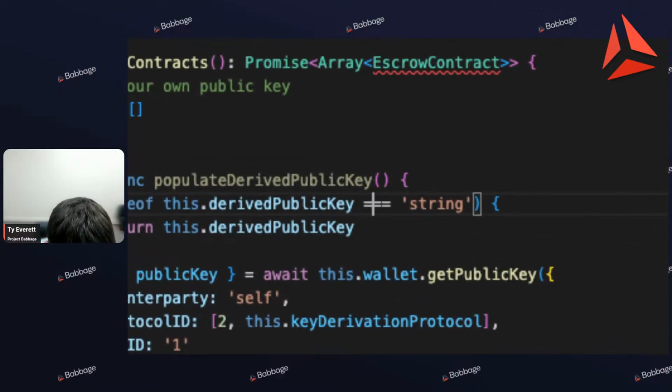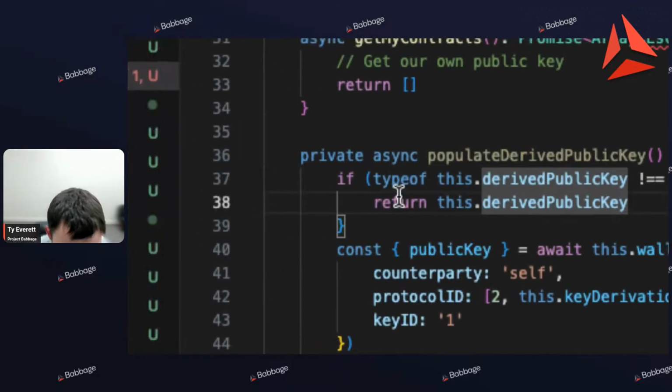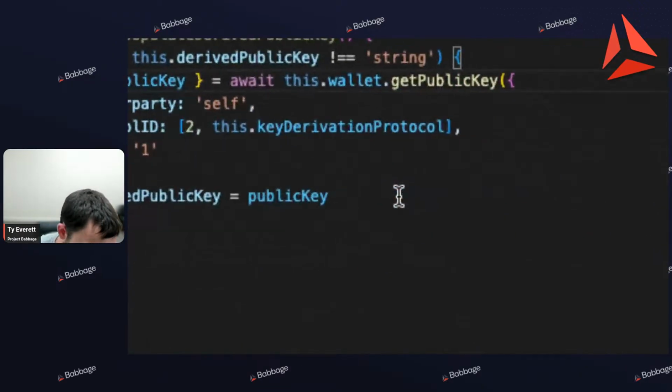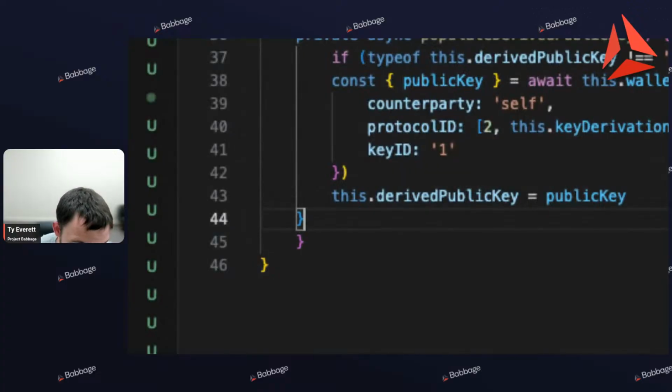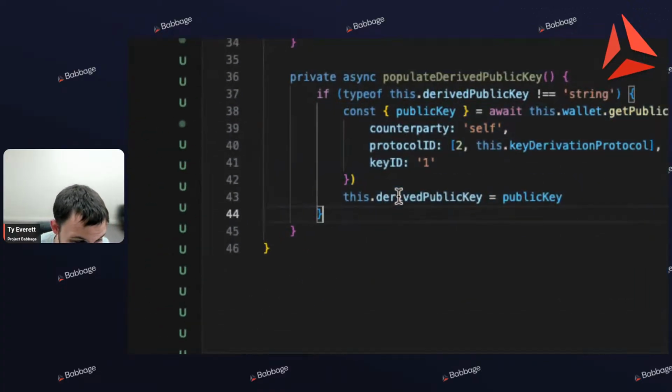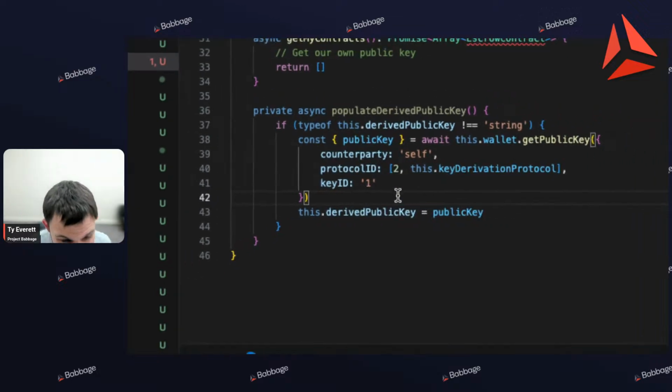In fact, we can make this code even simpler because we don't need to return it. Just say only if this is not already a string do we make it into this particular string.